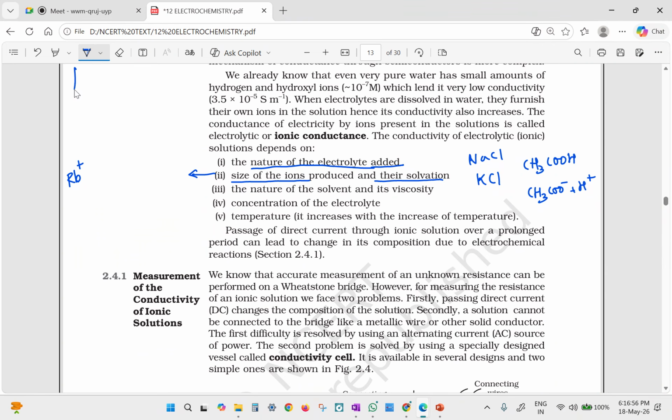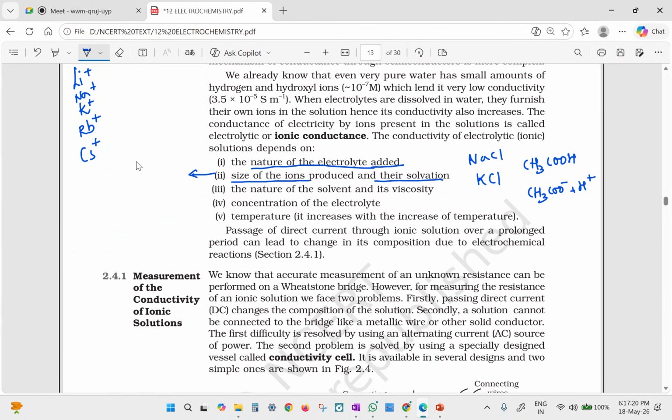So your lithium, sodium, potassium, rubidium, and cesium. Cesium is the largest. So the cesium ion conducts the best, and the conductivity by the smaller ions keeps decreasing. Isn't it surprising, children? A large cation is doing better conduction than smaller ones.